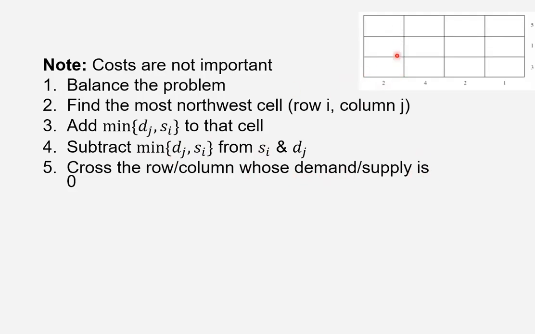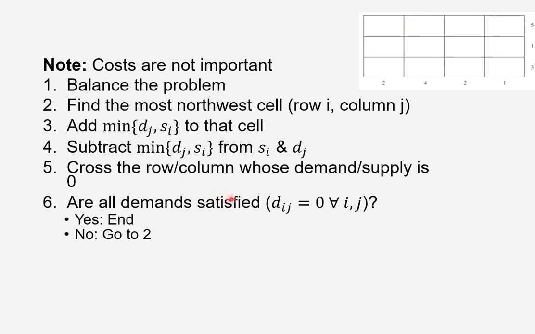If I deduct 2 from these, this becomes 0, and then I can cross this entire column because its demand is 0. Now my tableau has reduced to this part. And this value has changed to 3 because 5 minus 2.